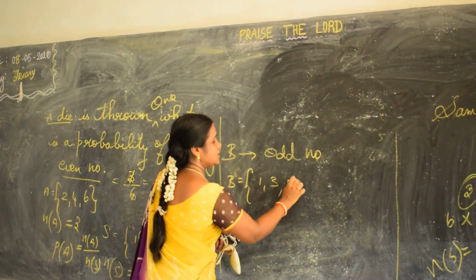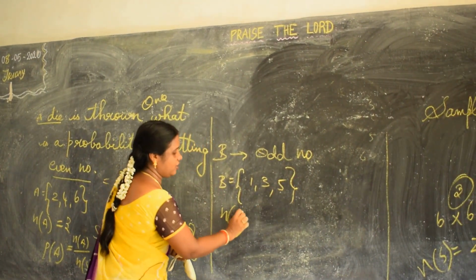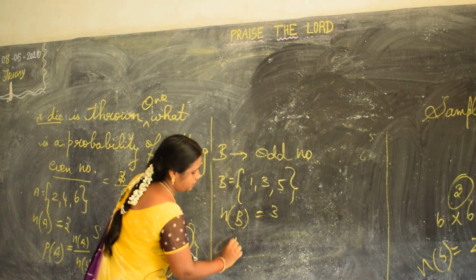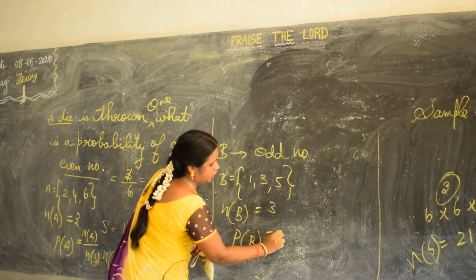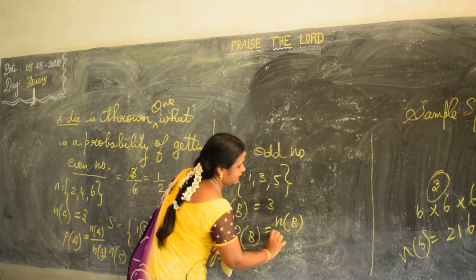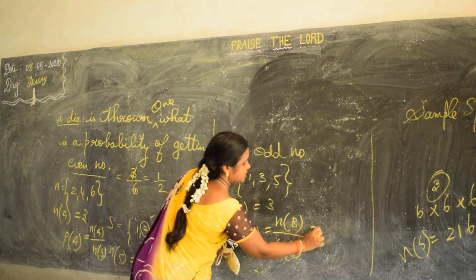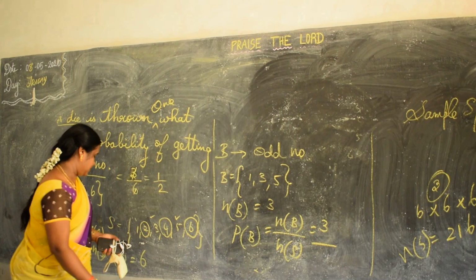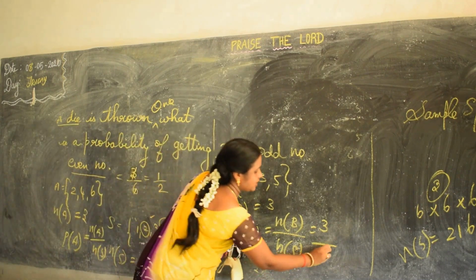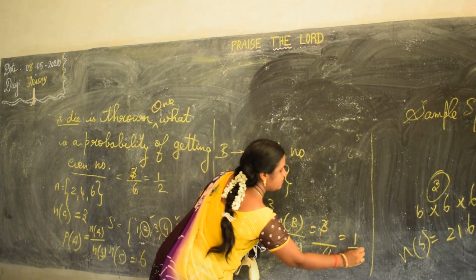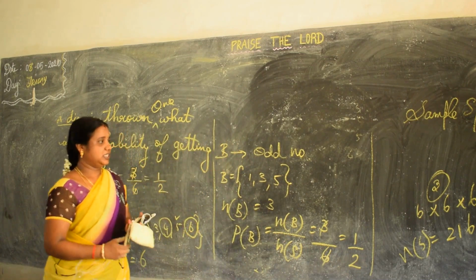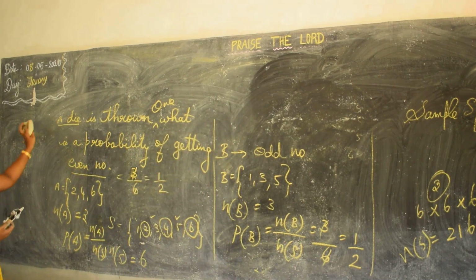So these are our possible outcomes. So n of B is equal to 3. The probability of B, getting odd numbers, is n of B by n of S. Here n of B is 3 and our total sample space is 6. So 3 by 6. If you cancel, you will get 1 by 2. This is the answer.